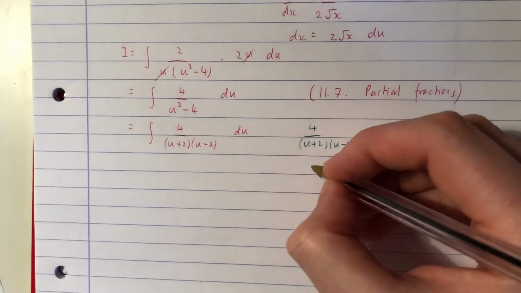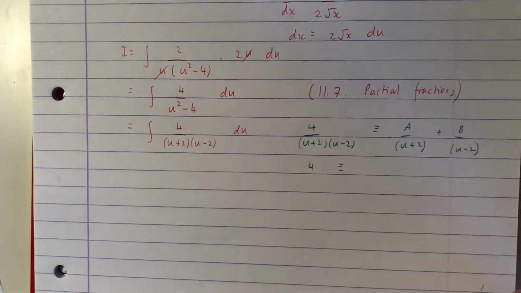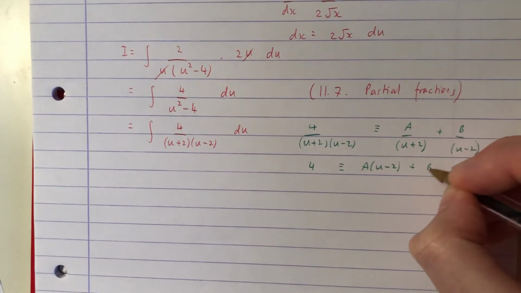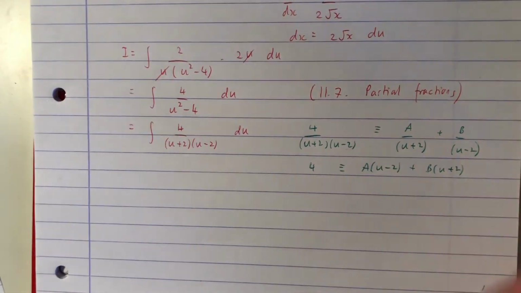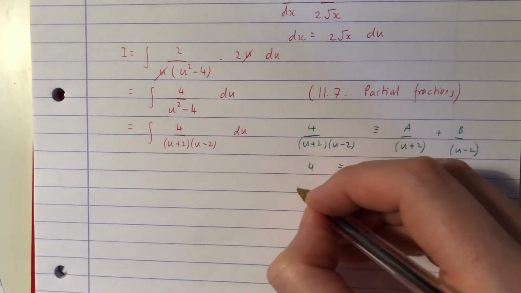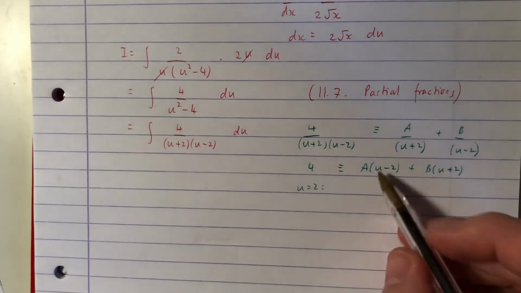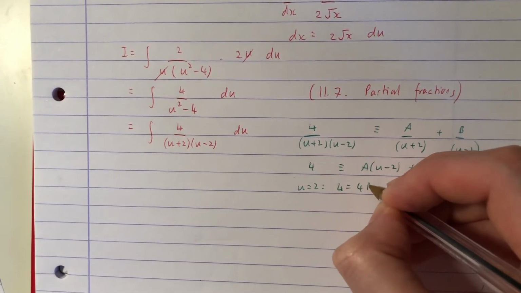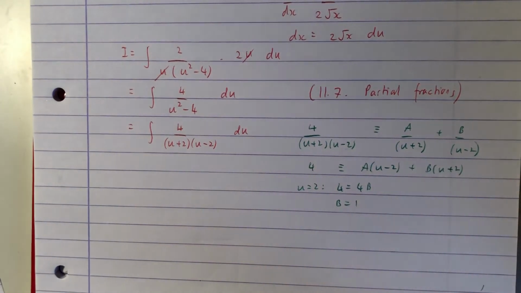And if you do that, you need 4 is identical to a(u minus 2) plus b(u plus 2), and if you picked u is equal to plus 2, that would be eliminated and you'd get 4 is equal to 4b, or b is equal to 1.